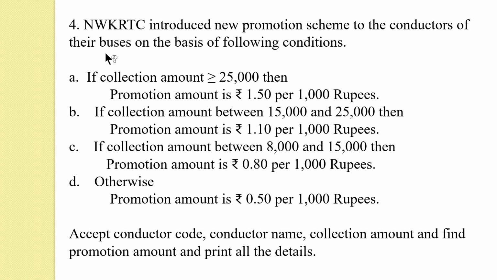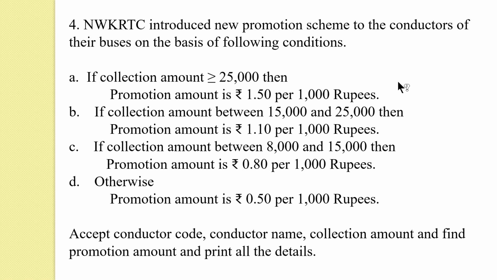Next we will see the fourth case study here. NWKRTC introduced a new promotion scheme for the conductors of their buses on the basis of the following conditions. The first condition: if the collection amount is greater than or equal to 25,000, then promotion amount is 1 rupee 50 paisa per 1000 rupees.